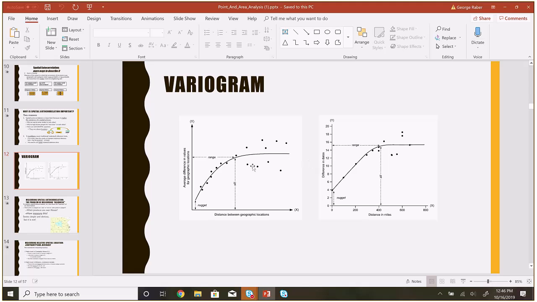We could use this to measure, like you're saying, a mountain.